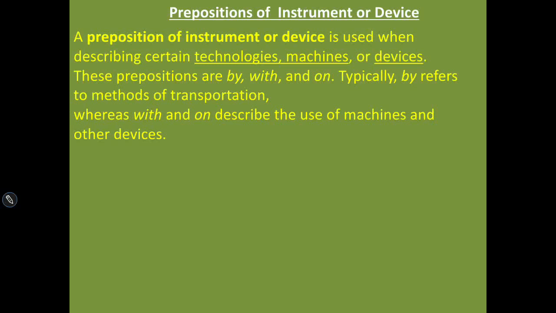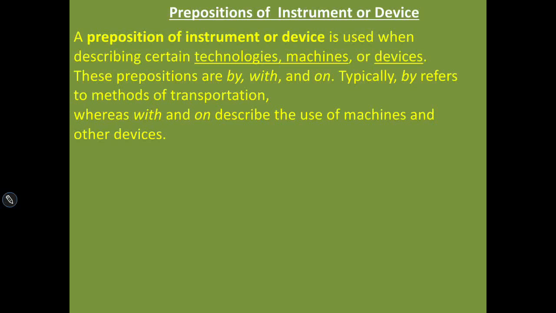When the medium of an action is not a person but a technology, instrument or device, then we use the prepositions of instrument or device, and they are by, with and on.